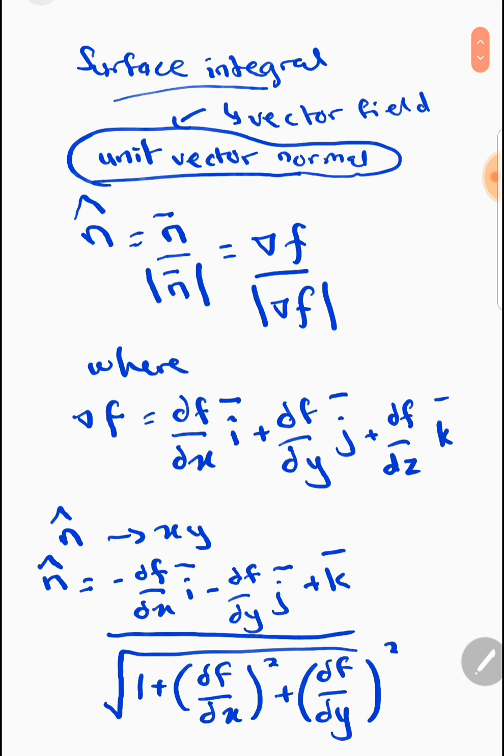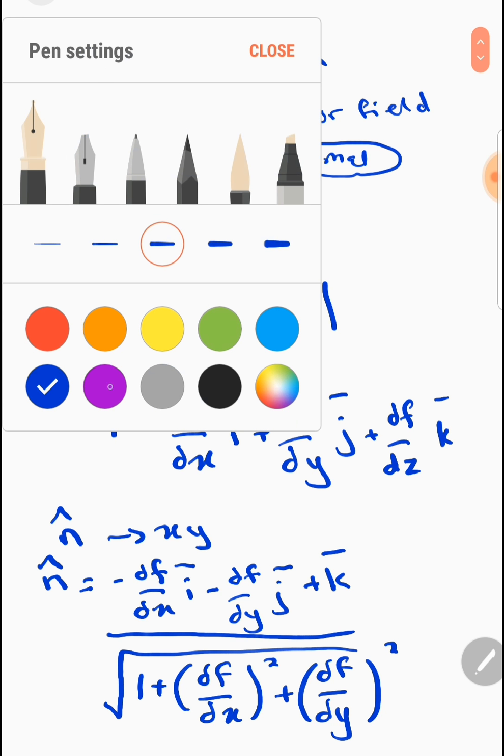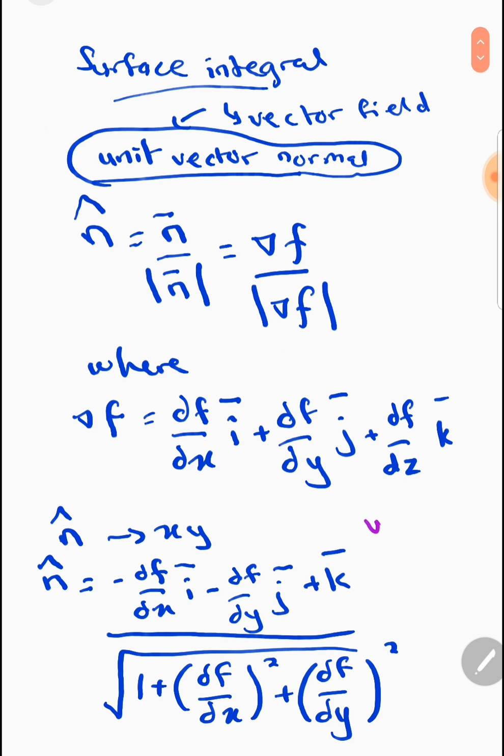Alright, and what if, just for example, I'm just going to use a different color maybe. Let's say if it's in yz plane instead, how are you going to find it? So again, just the same. Notice that for xy plane, you just want to make sure that this is a negative, this is a negative, and this is a positive.